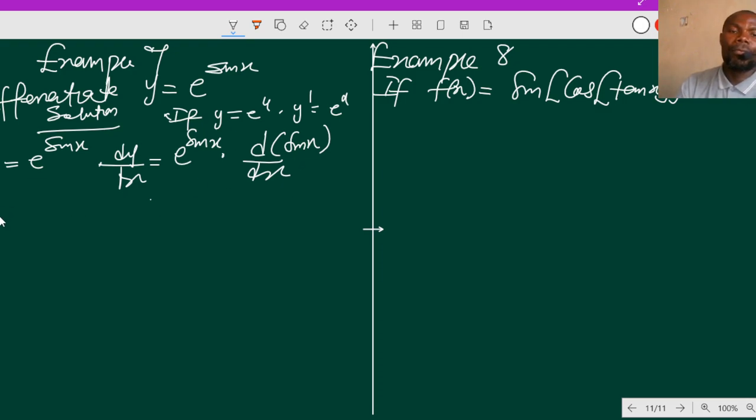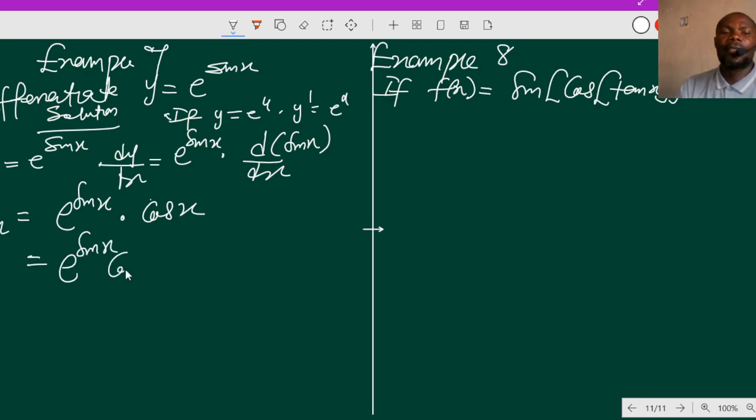So dy/dx will now be e raised to power sin x dot cos x. So the final answer here is e to the sin x cos x. That is just as simple as example 7 is.